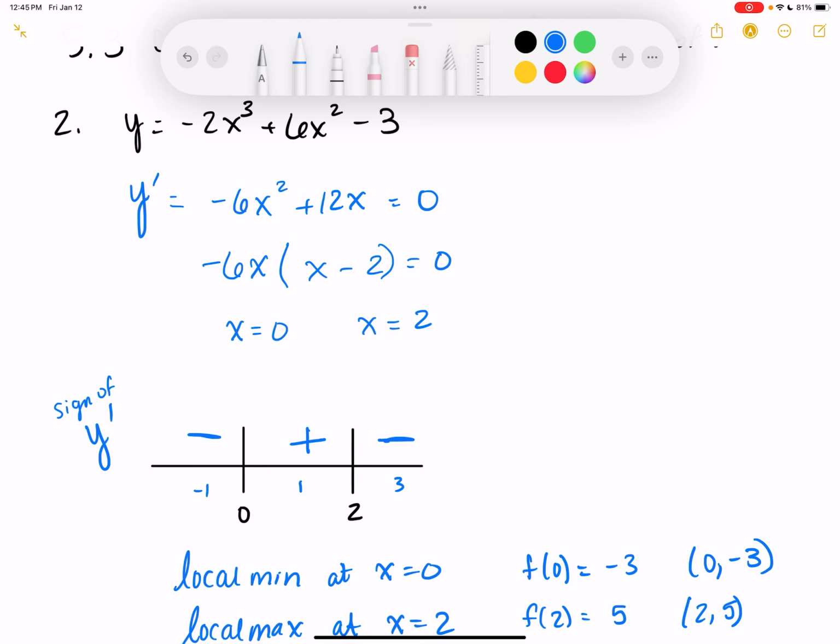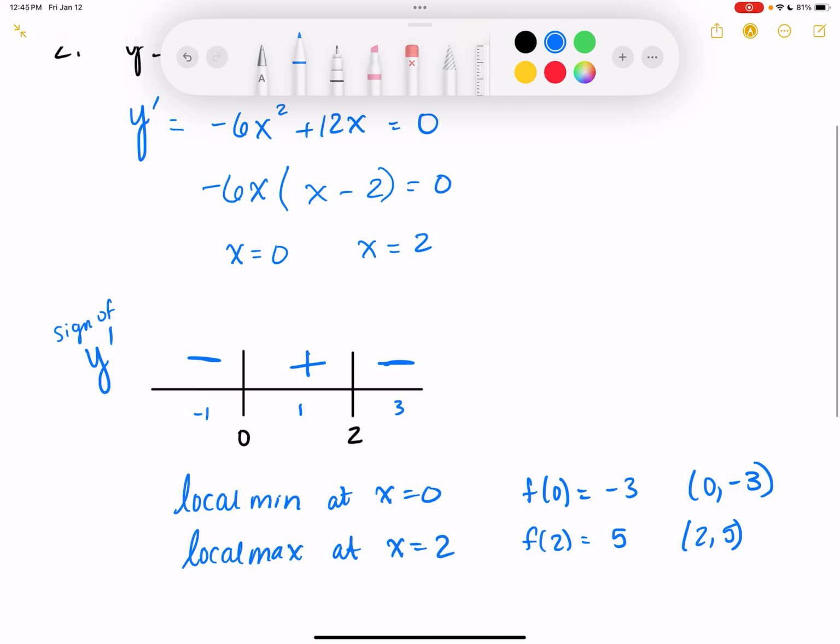All right, and for these, they do want the point, not just the location of it. So if it just said find the local min and local max, you wouldn't have to do the point? Pretty much always do the point.